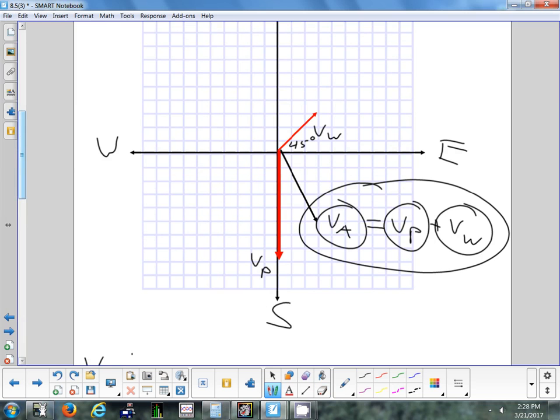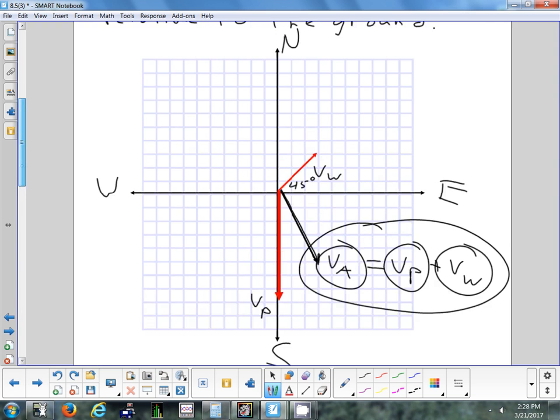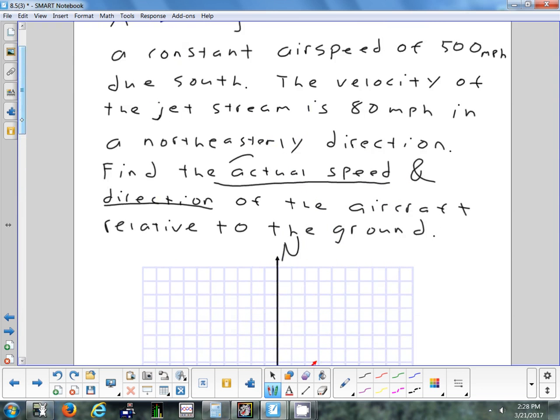Okay. Looking at the arrows, what is the speed represented by? It's the length of the arrow. Okay. It's the magnitude. So I want to find the length of that arrow, and that'll at least answer that part of the question, which is the only part that I'm going to do.